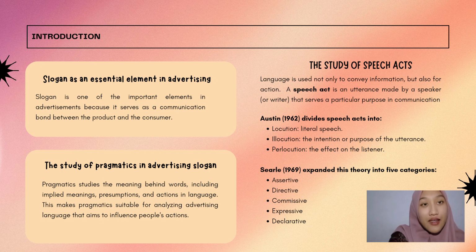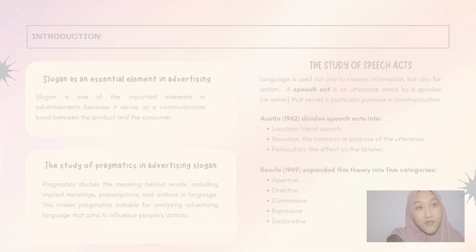And then, in 1969, John Searle expanded this theory into 5 categories, including assertive, which conveys facts or opinions; directive, asking or inviting someone to do something; commissive, making a promise or commitment; expressive, expressing feelings or attitudes; and the last one is declarative, which changes status through a statement.